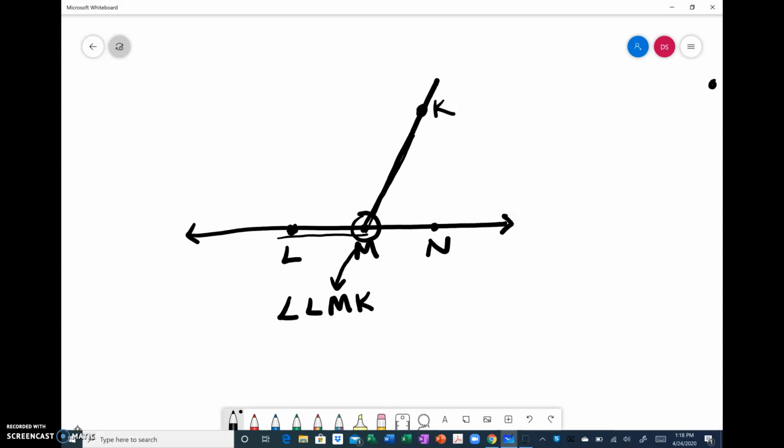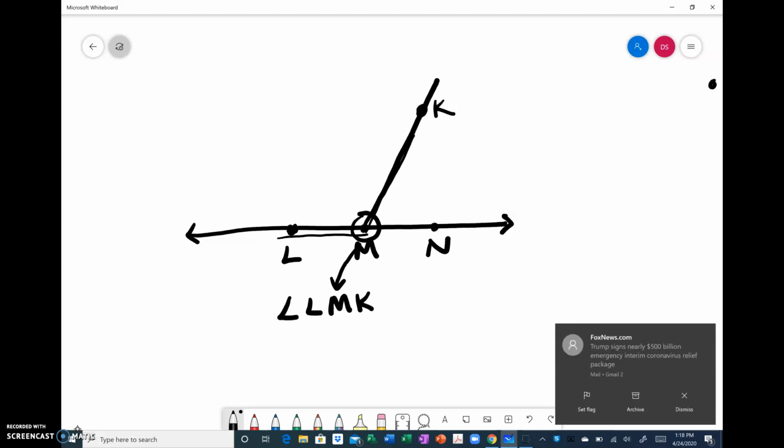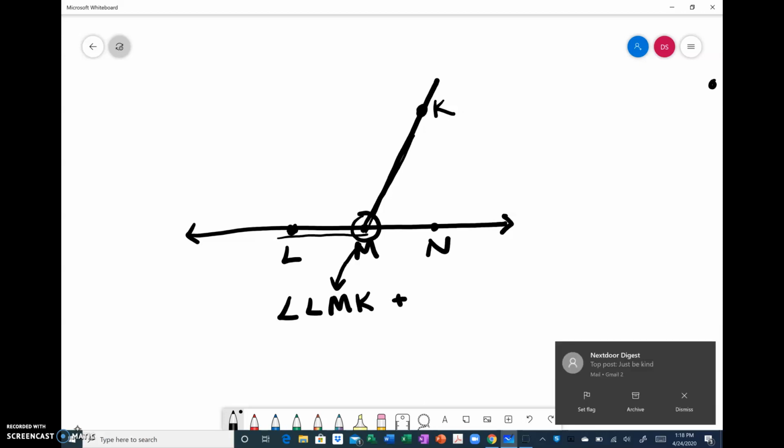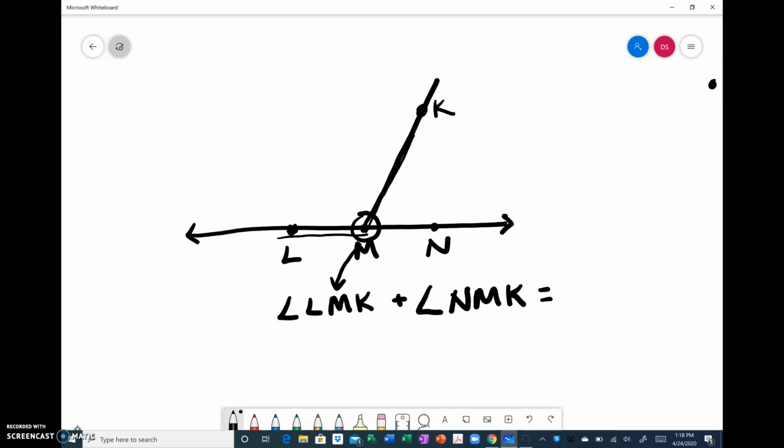All right, we were told in the directions of number 43 that angle LMK and angle NMK are supplementary, which means that when you add their measures together, you will get 180, okay? But unlike number 6 that we just did, you're not given one of the angle measures.